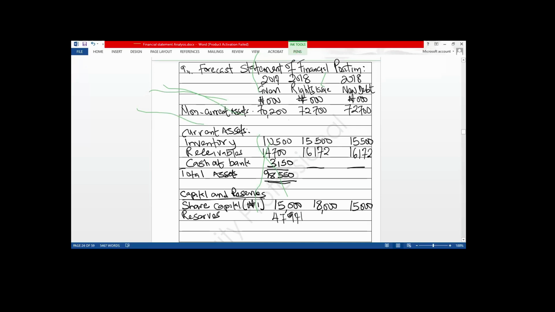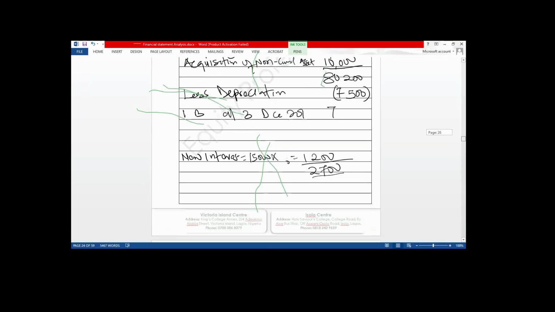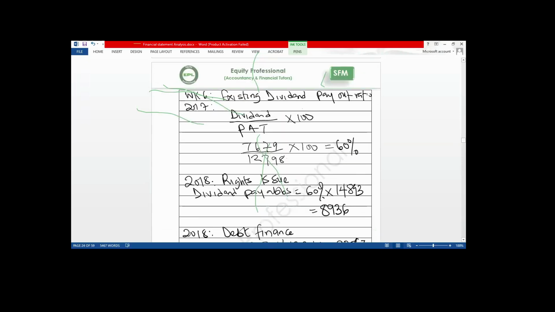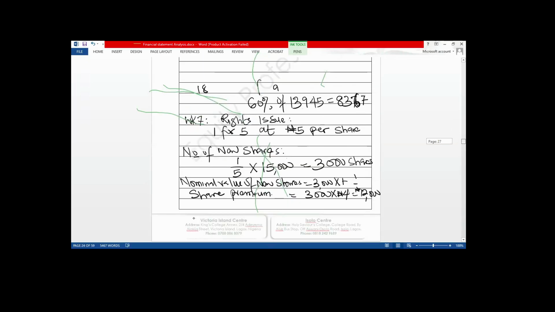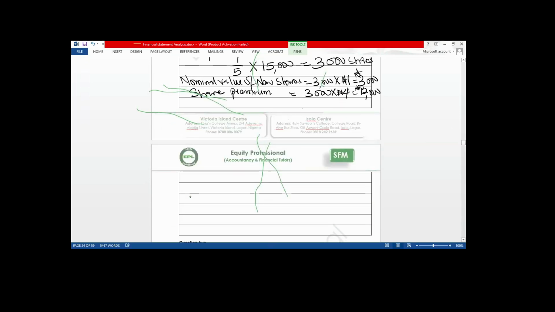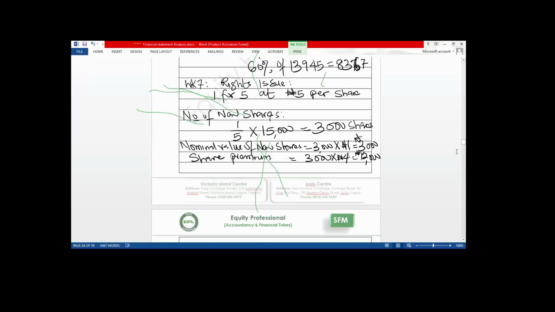We now need to determine reserve for 2018 under rights issue and reserve for 2018 under debt finance. Let's go to it. You're almost done, don't worry. That will take me to working, I think working 8 or thereabouts. Yeah, working 8.